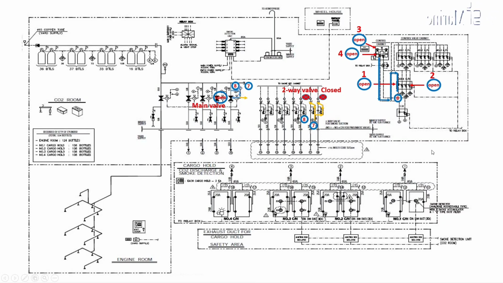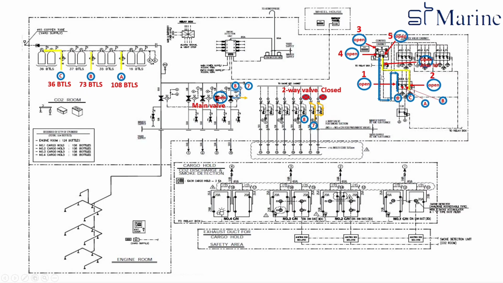Okay, next step, we will open this number 2 valve at the control cabinet. After 30 seconds, the relay valve will be opened, allowing the pilot gas to open the cylinders corresponding with the valve number 2's position at the valve control cabinet. If we select position C, we can discharge 36 bottles.